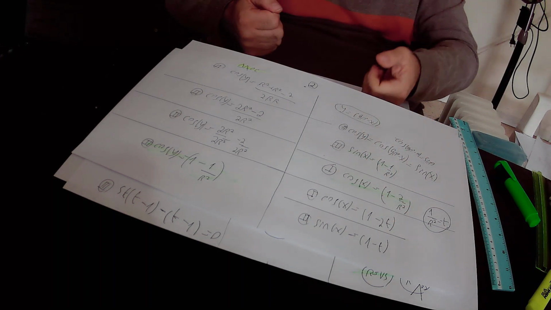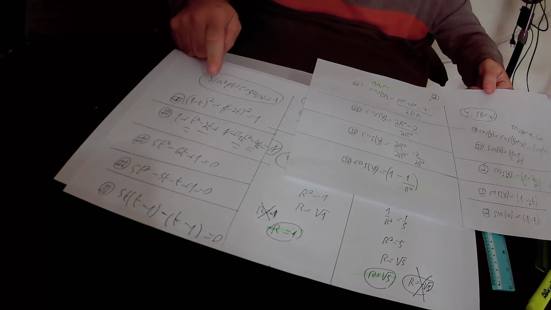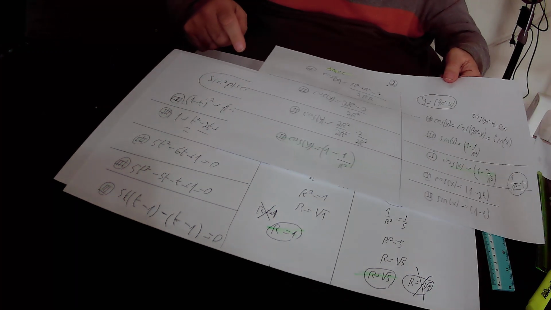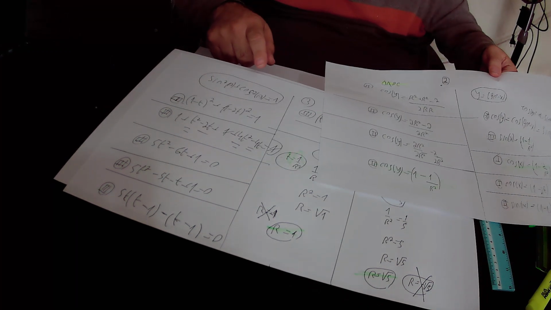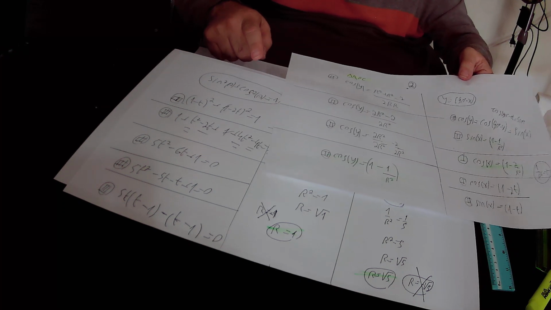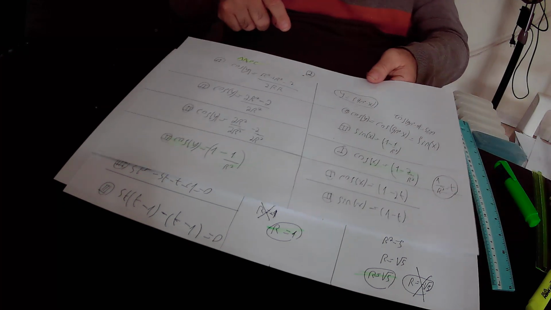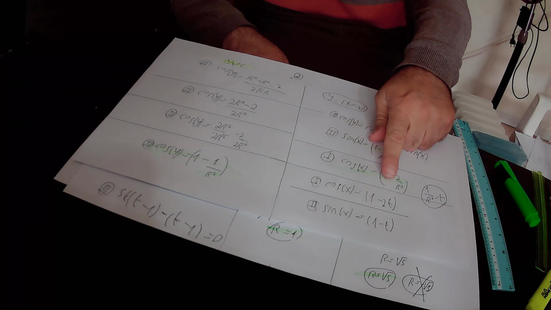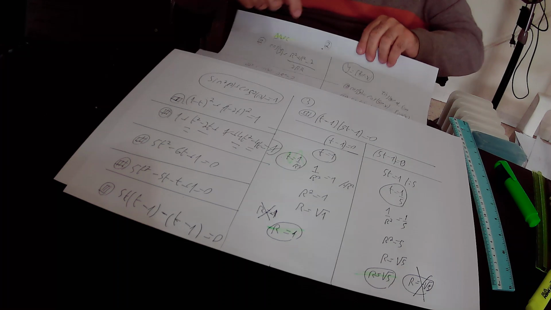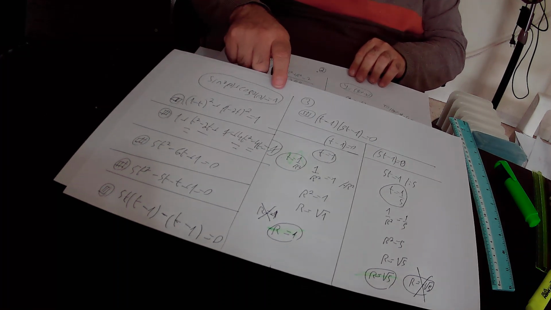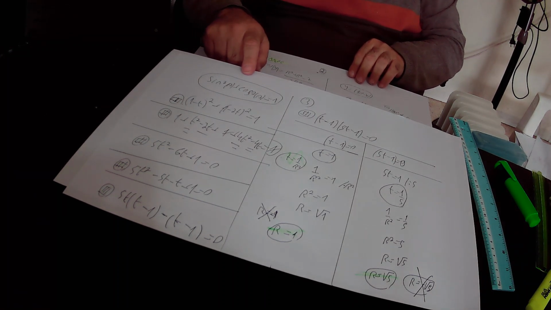Therefore sine squared x must be equal to (1 minus t) squared, plus cosine squared x. Cosine x equals 1 minus 2t, therefore cosine squared x must be equal to (1 minus 2t) squared. That is equal to 1 according to this trigonometric identity.